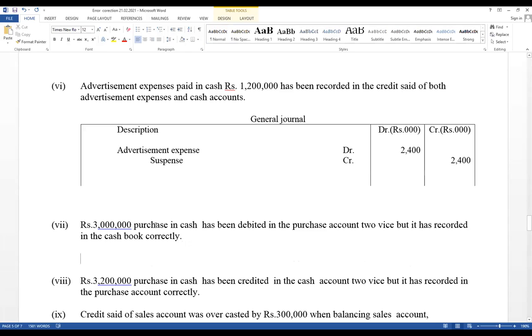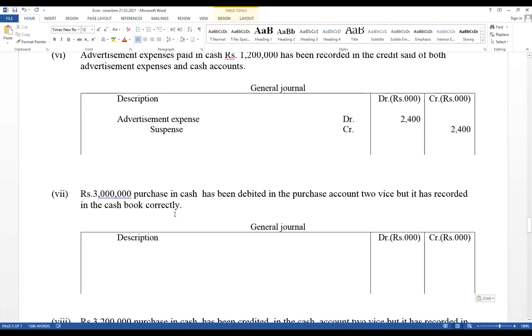Rupees 3,000 purchase in cash has been debited in the purchase account twice. Duplication error. It has been recorded correctly in the cash book. Normally purchase account debit, cash account credit, but it has been debited to the purchase account twice.